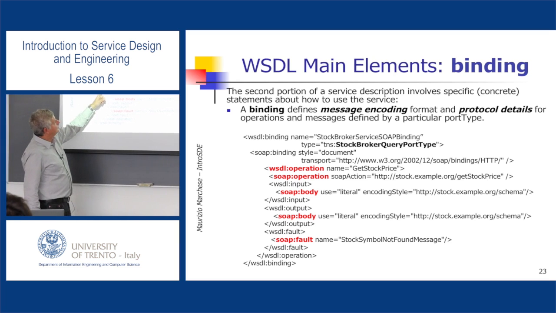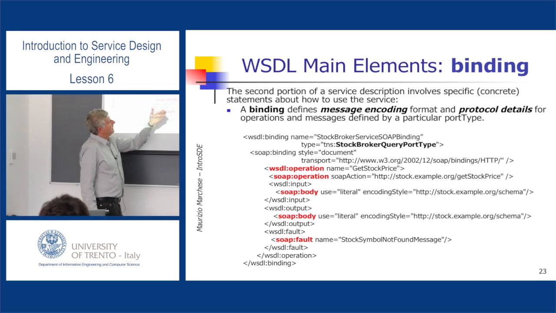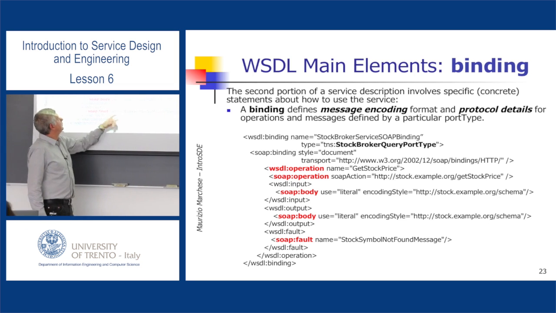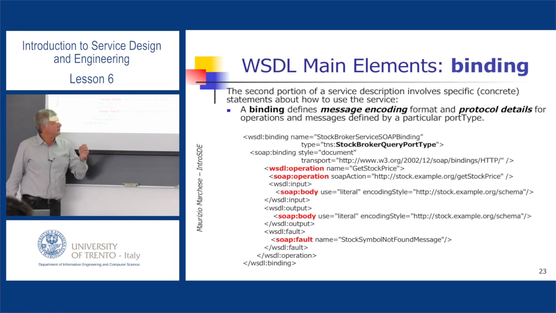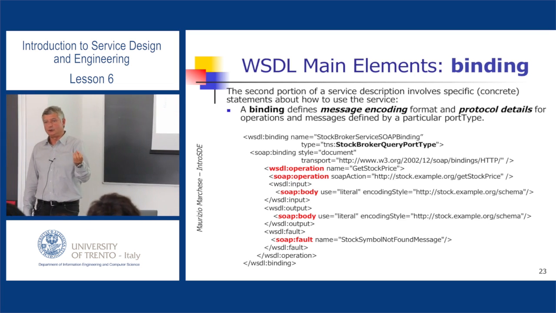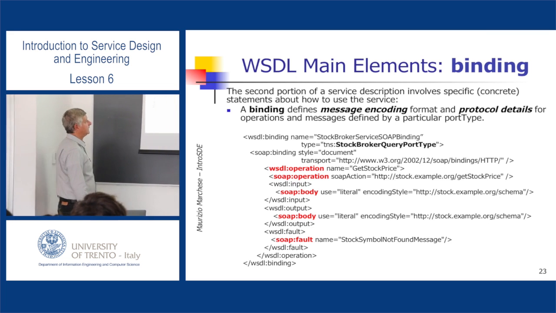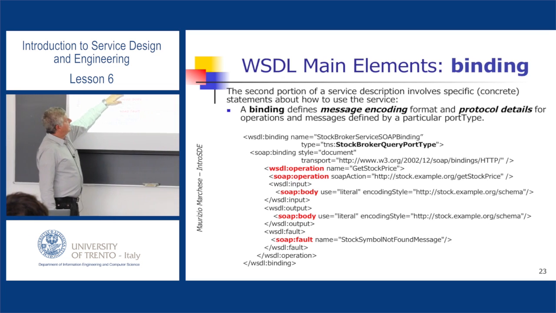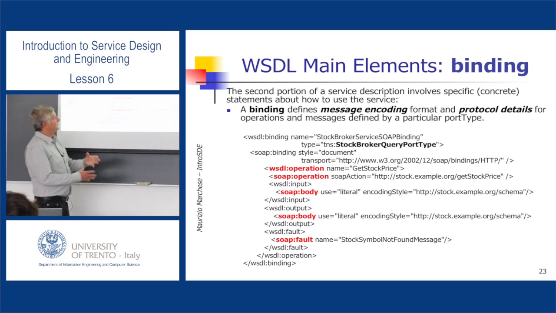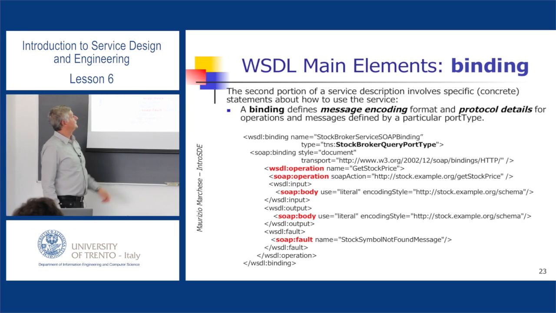And then you are going to actually get information about, in particular, the name of the operation and a specific URI where you can find this particular operation. That's the operation, and also how the body of the SOAP message that you are going to use is going to be encoded, because you are declaring here that you're using SOAP.